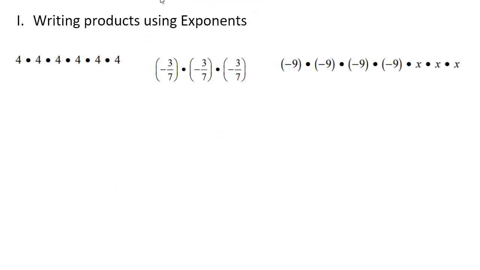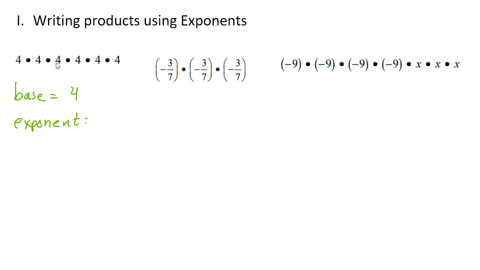Let's go ahead and take a look at how we are going to be using the exponents. So we're going to be writing the products using exponents. So the first one, we have 4 times 4 times 4 times 4 times 4 times 4. So in order to rewrite this product using exponents, I need to first identify, what is the base. And the base will be the number that's being repeated. So in this case, the 4 is repeated. The exponent, that's going to be how many times is that base 4 being repeated.